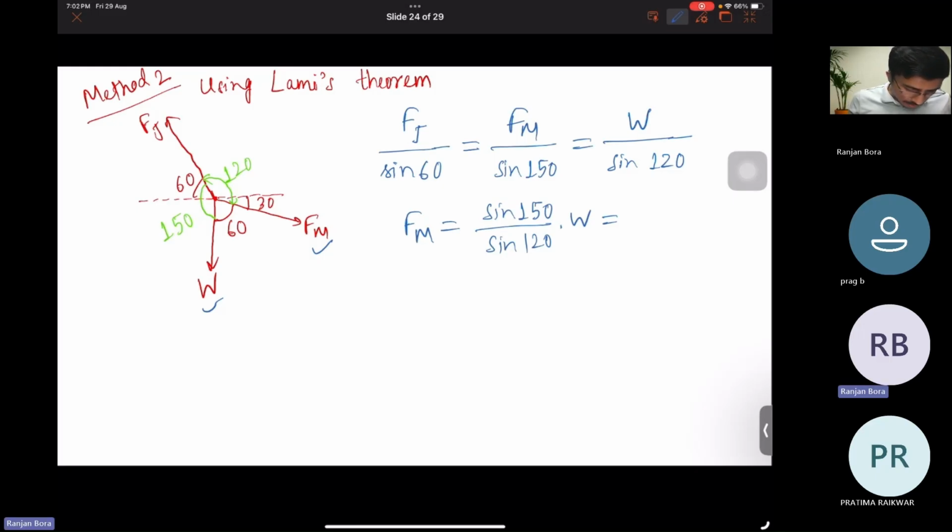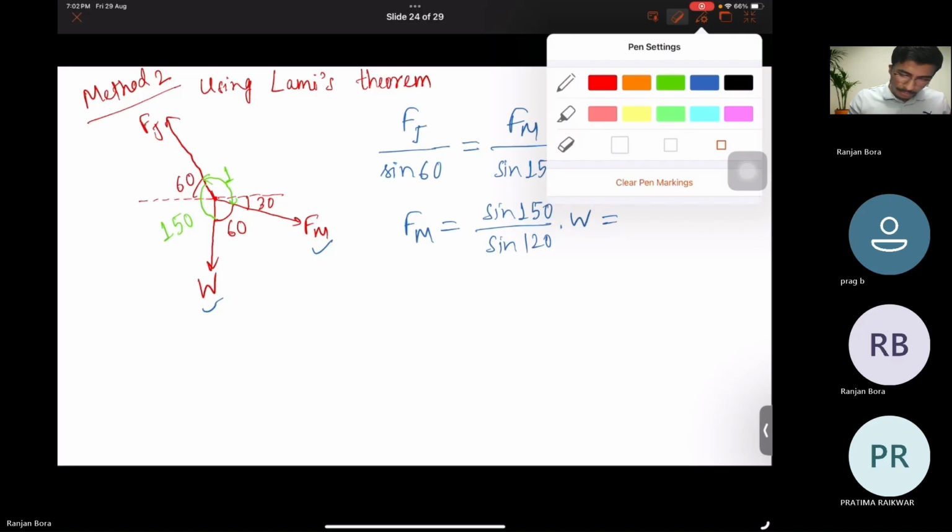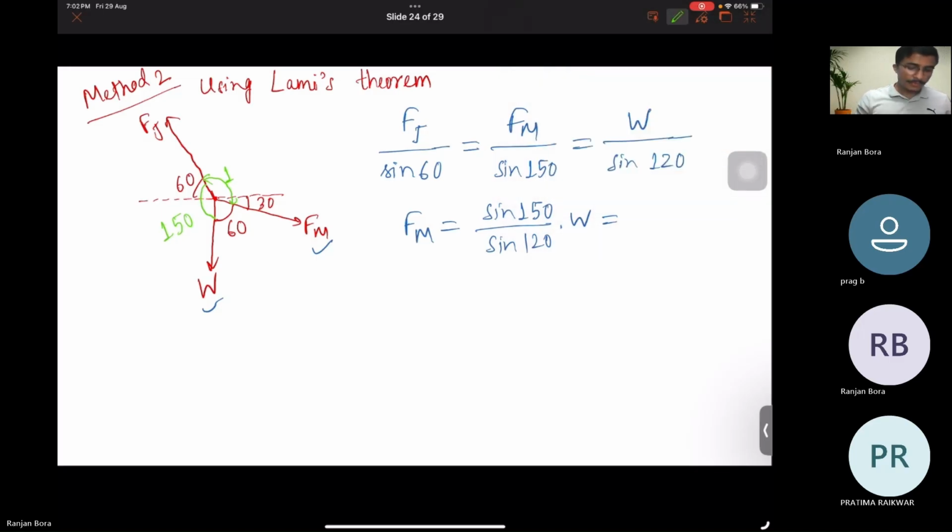Have I done anything wrong here? Okay, see, I have written this angle. This is not 120. How much is this angle? See, this is 30 and this is also 30. No, it is not 120.